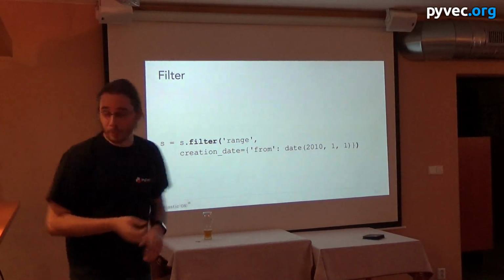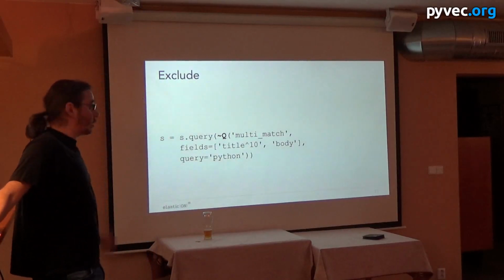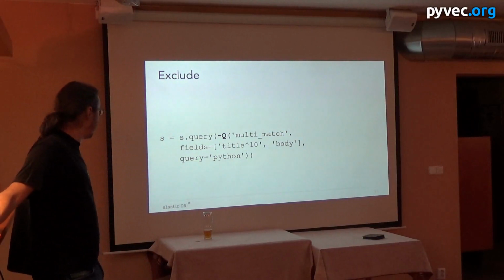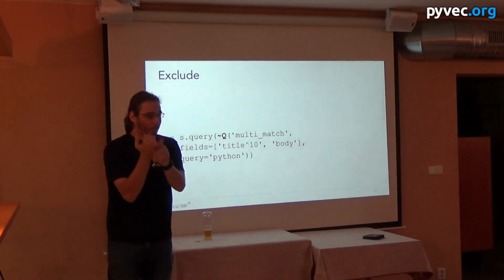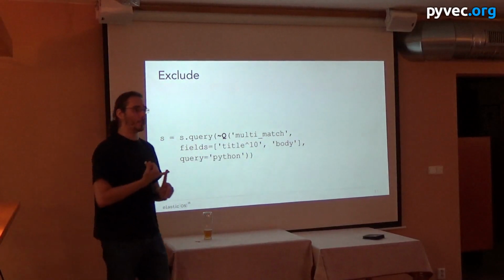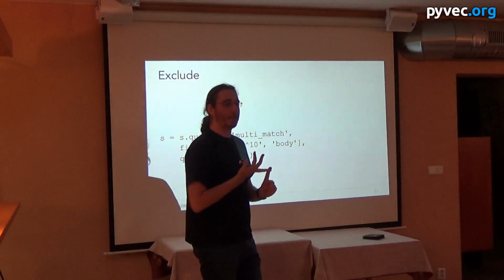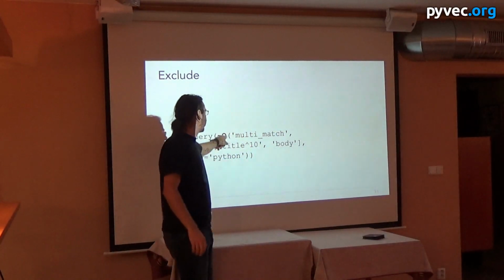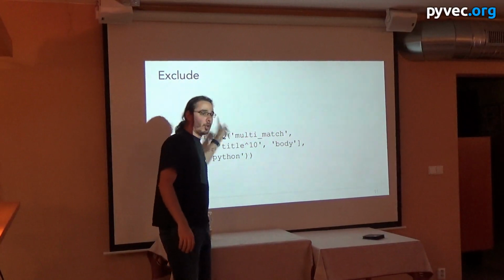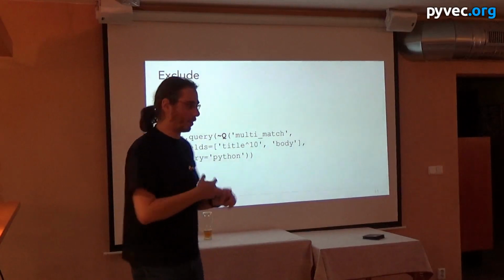Okay, so we've added a filter to the query. What else can we do? We can also exclude some queries. So in this case, remember, we're looking for a question that mentions PHP, which has been answered by something mentioning Python. And now we are saying that we don't want the question to mention Python.